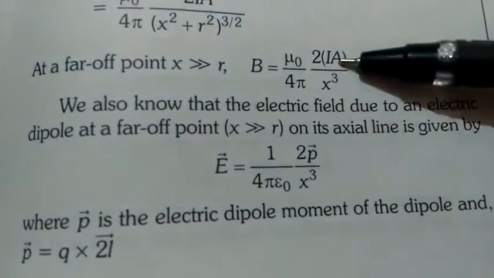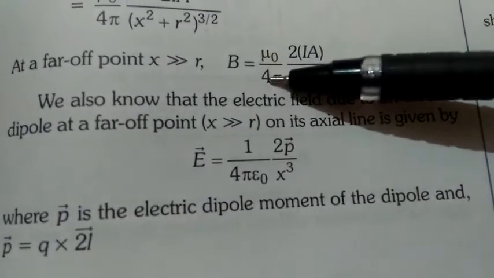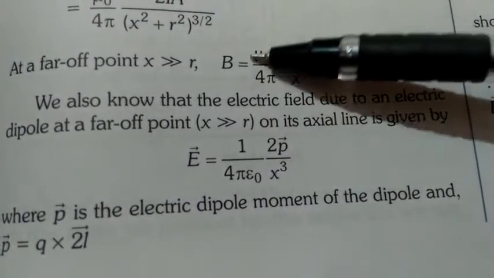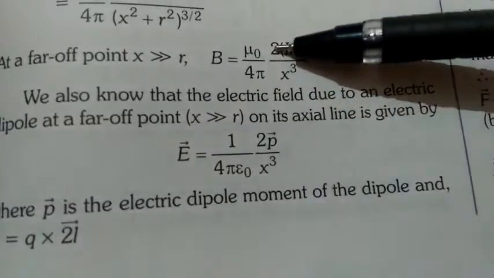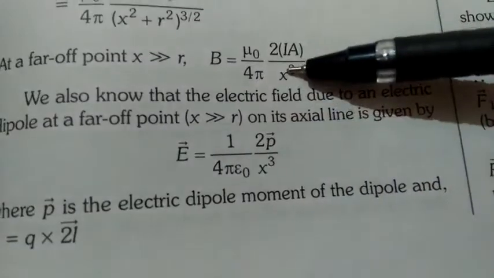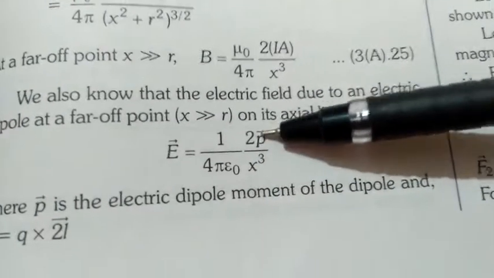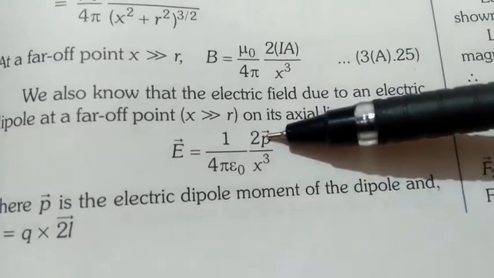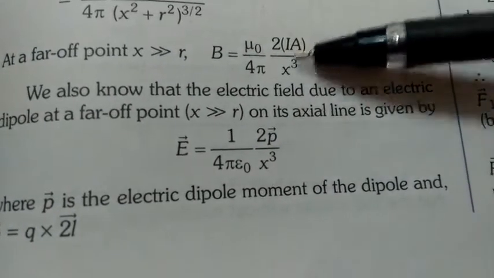When we compare both these equations, in place of mu naught upon 4 pi, which is a constant, we have 1 upon 4 pi epsilon naught. In place of 2 we have 2. In place of x cube we have x cube, and in place of P, the electric dipole moment in the electric field, in the magnetic field we have I into A.